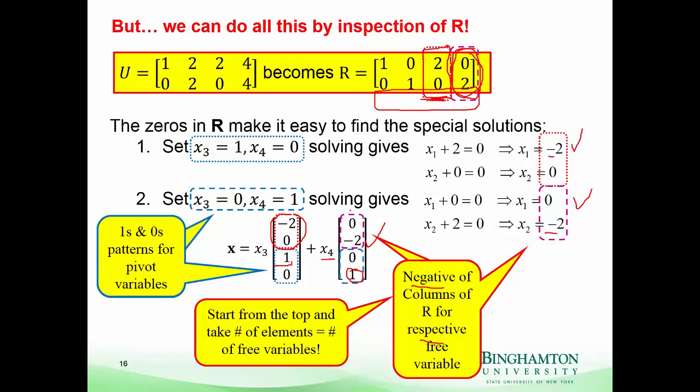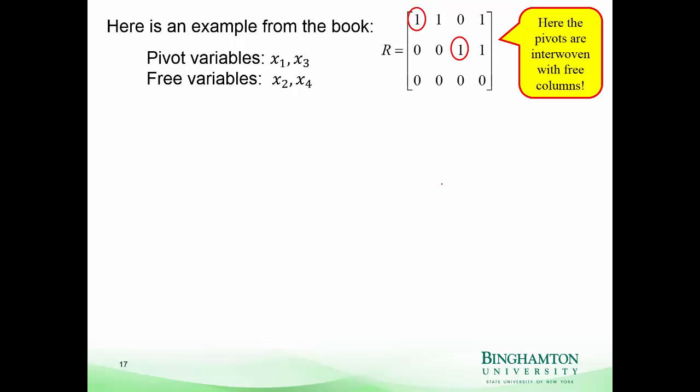We need to end up with the right number of variables in here. There needs to be 4 of them. So we may end up with too many things if we took the entire column. So what we need to do is start from the top and take the number of elements that equals the number of free variables. In this case, we don't have that extra row, but we'll see in a subsequent example how that works. So here's an example that shows some of the deviations from that simple case.